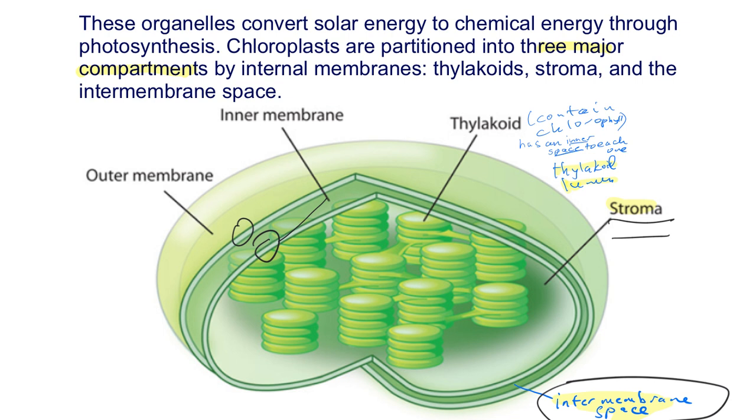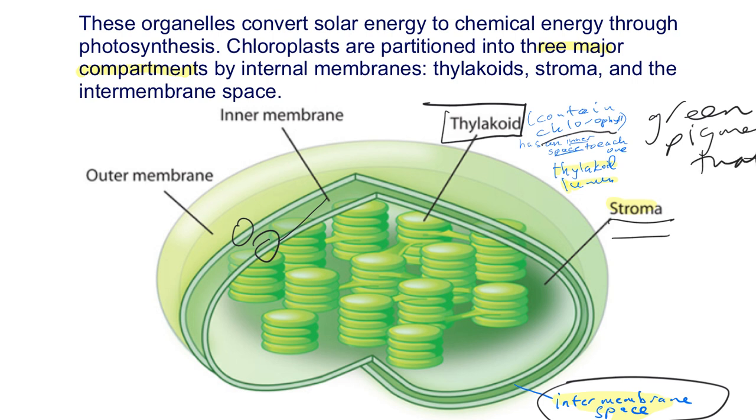And then inside that fluid-filled space are these stacks of discs called the thylakoids. Okay, so the thylakoid membrane is shaped like a bunch of discs. Each of those membranes is full of chlorophyll. Chlorophyll is the green pigment that absorbs sunlight.